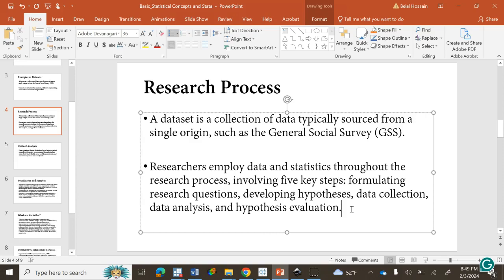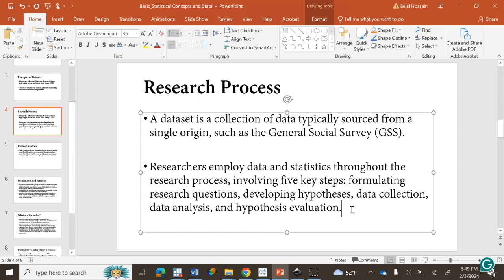So you need to come up with the research questions, and then you need to develop hypotheses. So you might expect that yes, education is positively related to income, meaning that as people get more education, they start to increase their income.